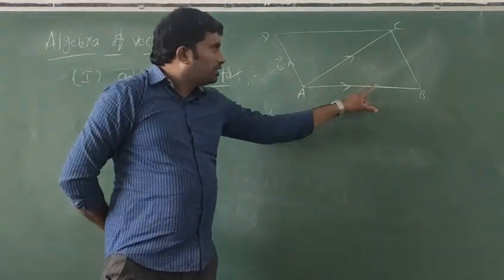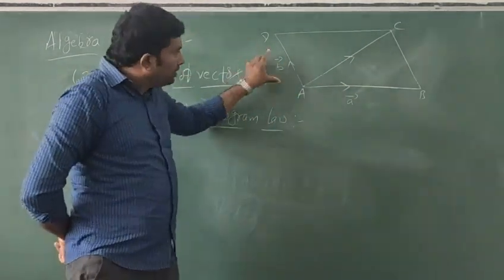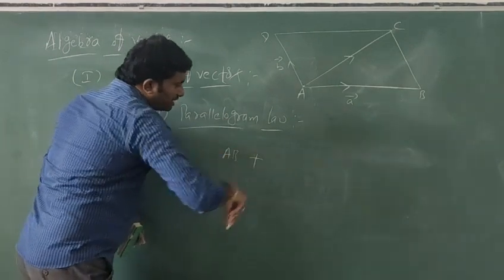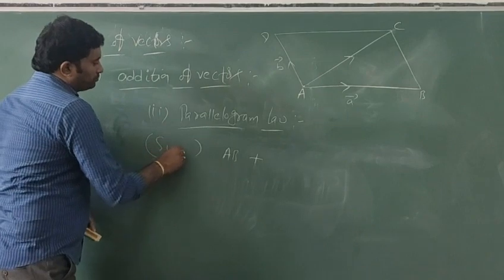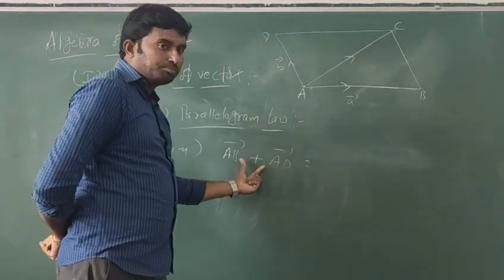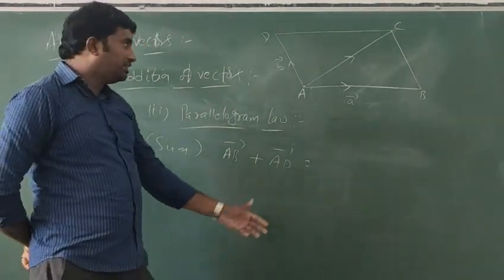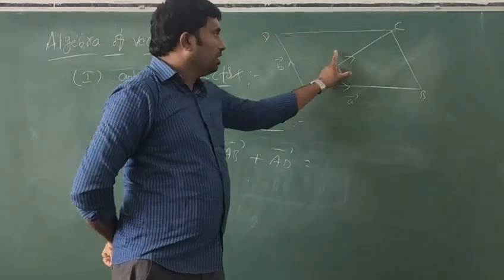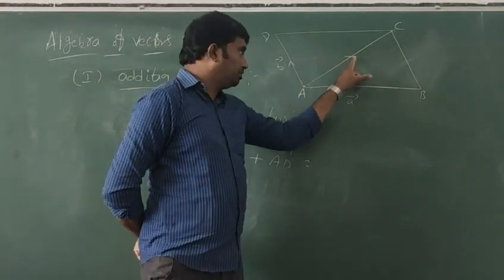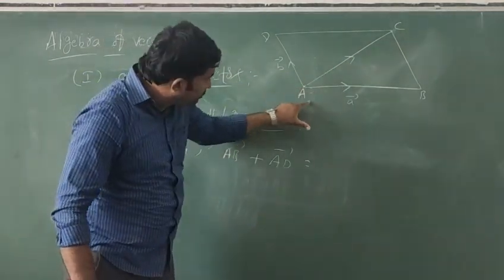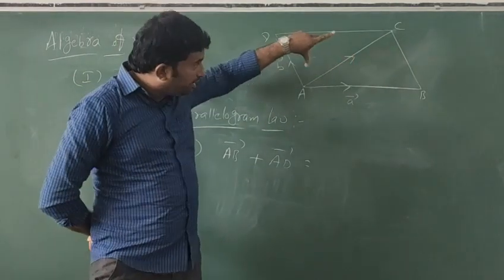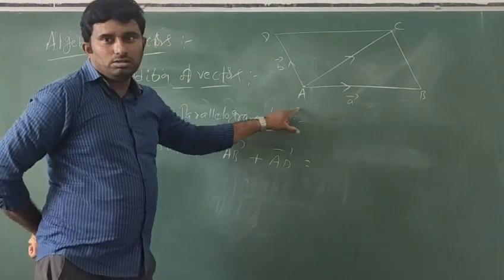Write down. If two co-initial vectors are represented in magnitude and direction by the adjacent sides of the parallelogram, then their resultant, that means sum, in brackets write clearly sum, that means AB bar plus AD bar, then the resultant or sum is also expressed in magnitude and direction by the diagonal which is passing through their common point.